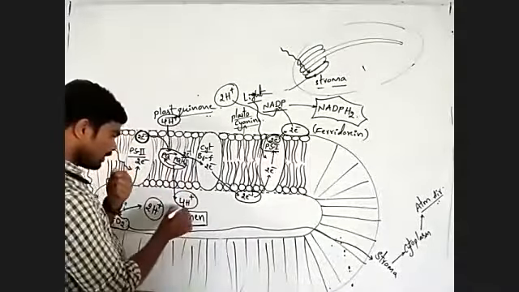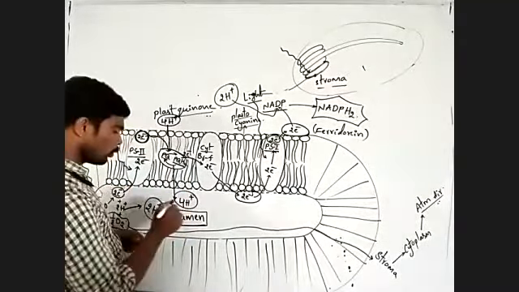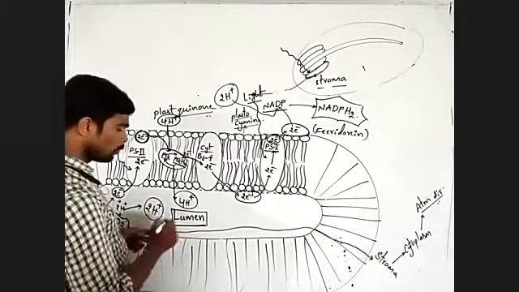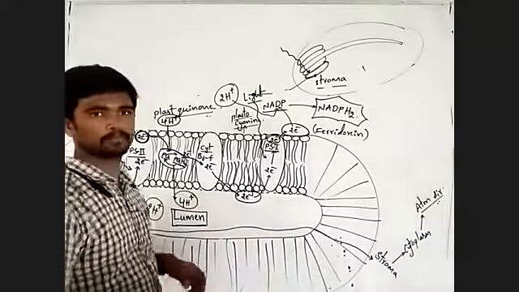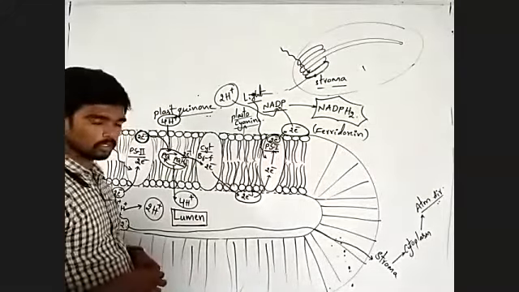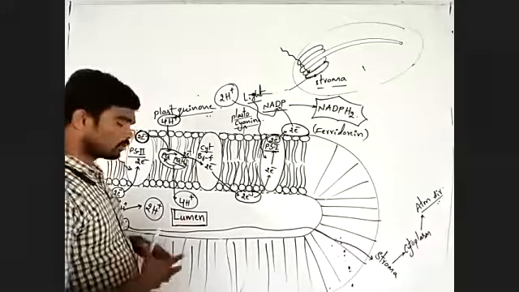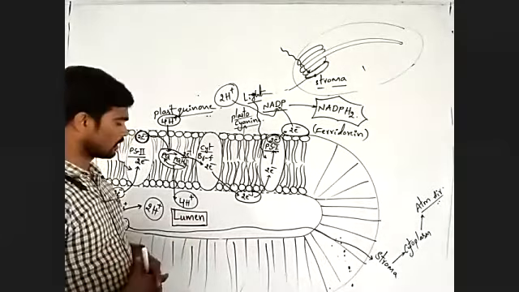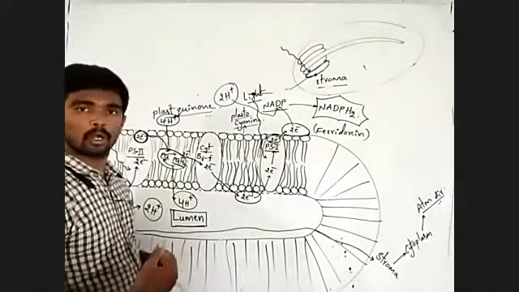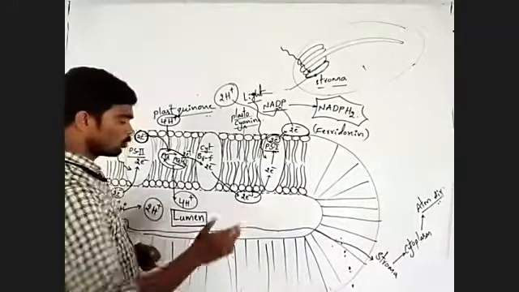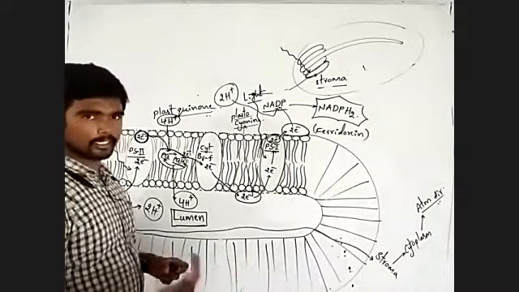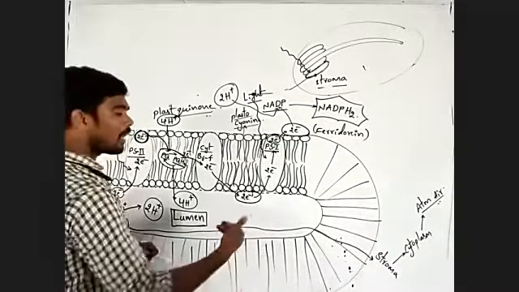Due to accumulation of the protons in lumen, the concentration of protons in lumen is increased. Now, due to high concentration, due to high pressure gradient, what will happen? Protons try to pass out of the lumen.